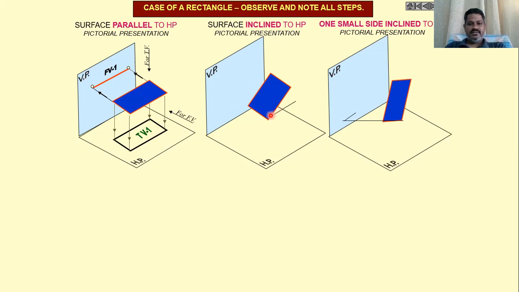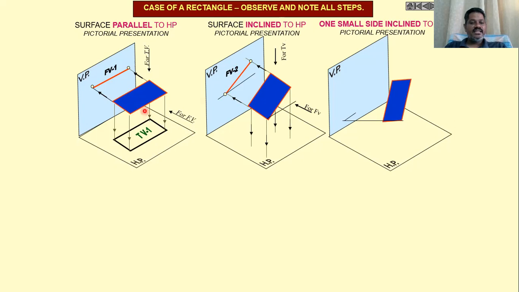In this case, the plane is making some angle with the horizontal. Then the front view looks like an inclined line which will be projected onto the vertical plane like this with a given angle. Then when you see this inclined surface from the top, the true shape will not come. In the first case, we get the true shape because the plane is parallel to the horizontal plane.